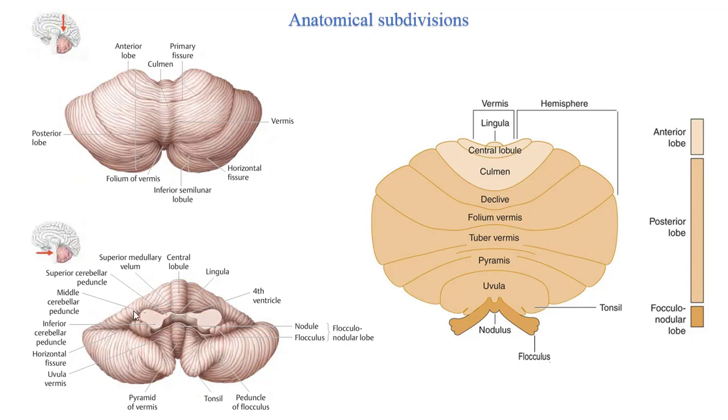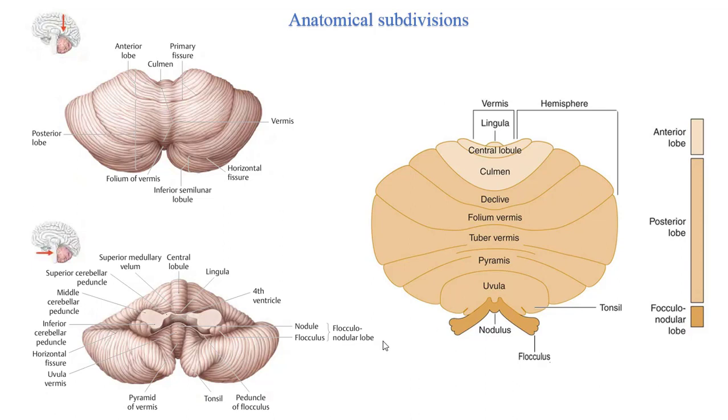It's limited in front by the primary fissure on the superior surface and by the posterolateral fissure on the inferior surface. Vermal portion of superior surface of posterior lobe consists of declive and folium, while inferior surface consists of tuber, pyramid, and uvula.